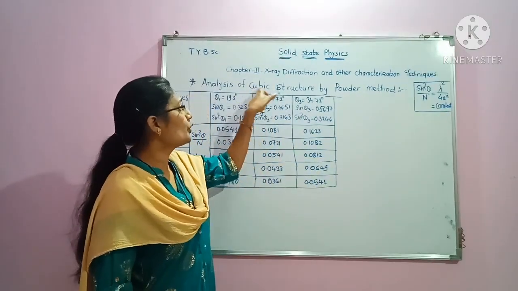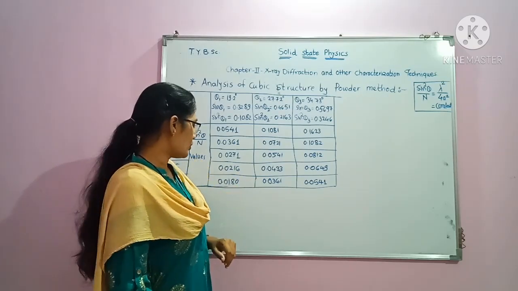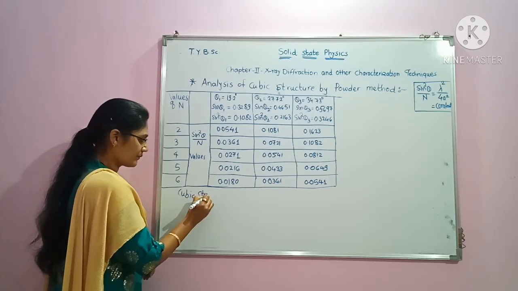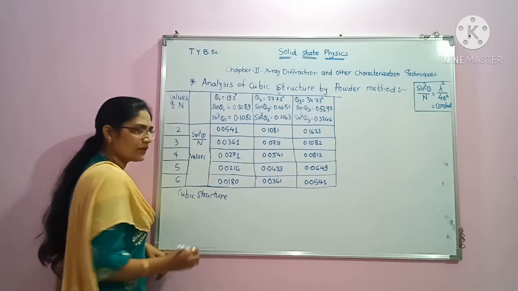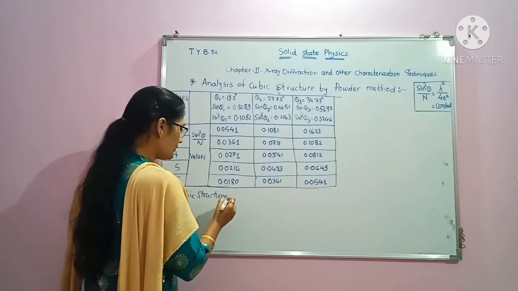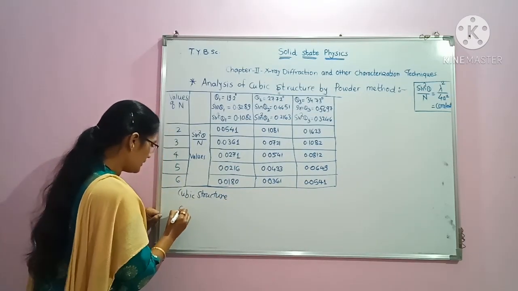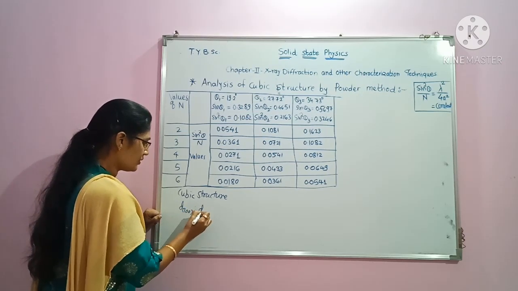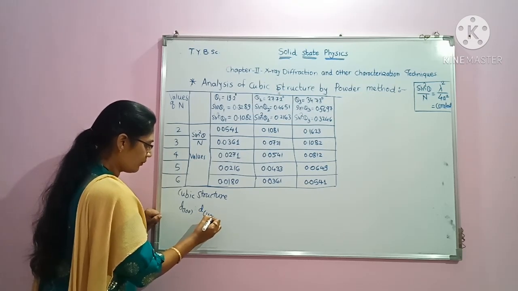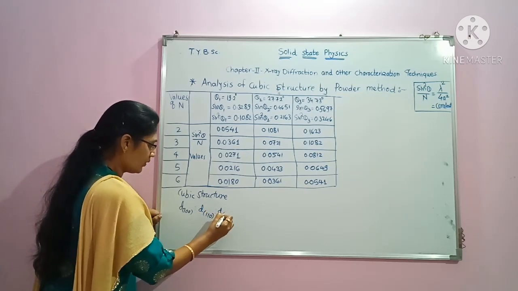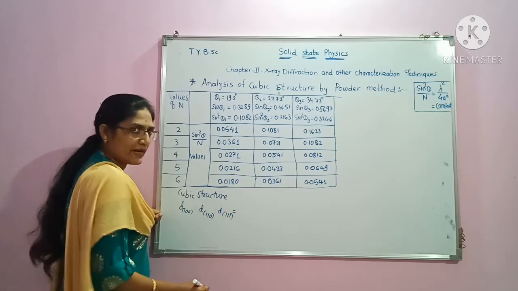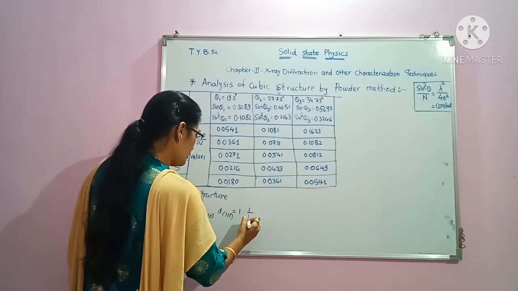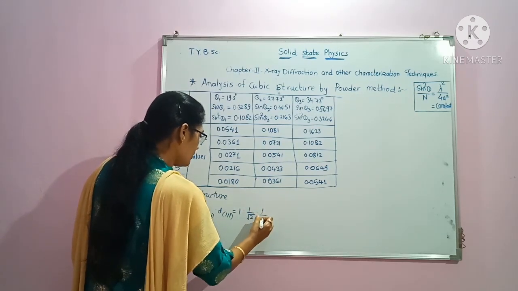We have considered the cubic structure. We know that in case of cubic structure, the ratio of the interplanar distances d for 100 plane is to d for 110 plane is to d for 111 plane is given as 1 is to 1 upon root 2 is to 1 upon root 3.